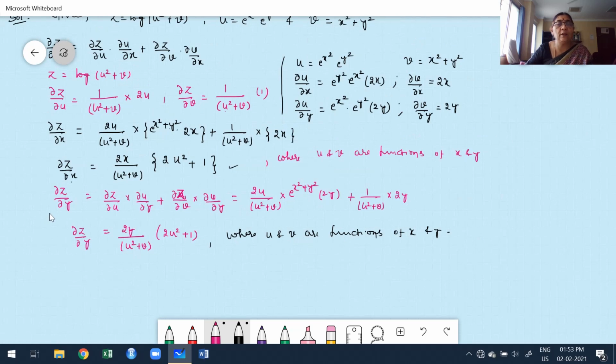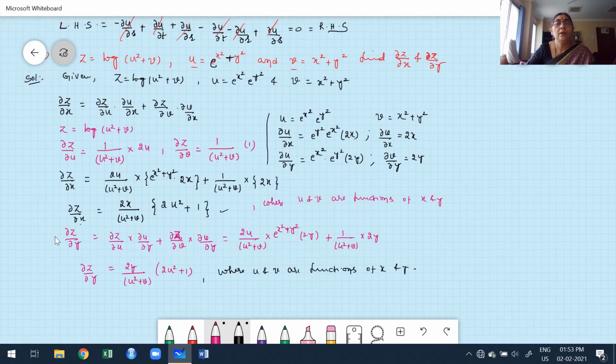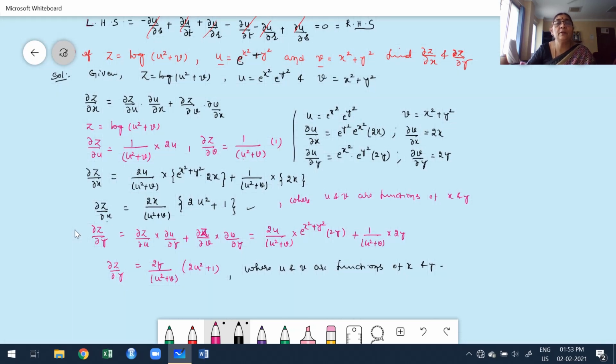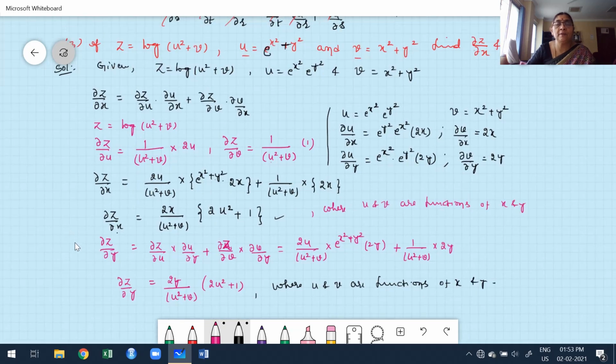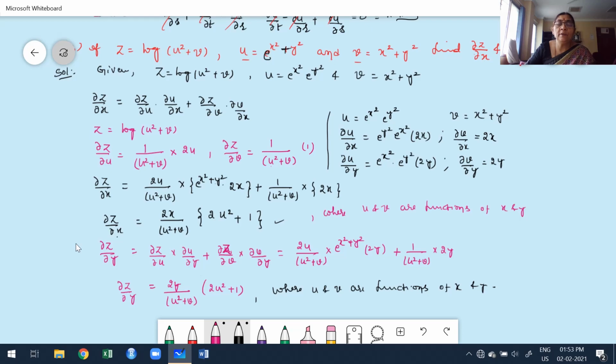with respect to y, using which definition? Composite function definition. Now, I solved totally three problems for this class. One problem is a combination of total derivative and implicit function definition. Two problems are based on composite functions.